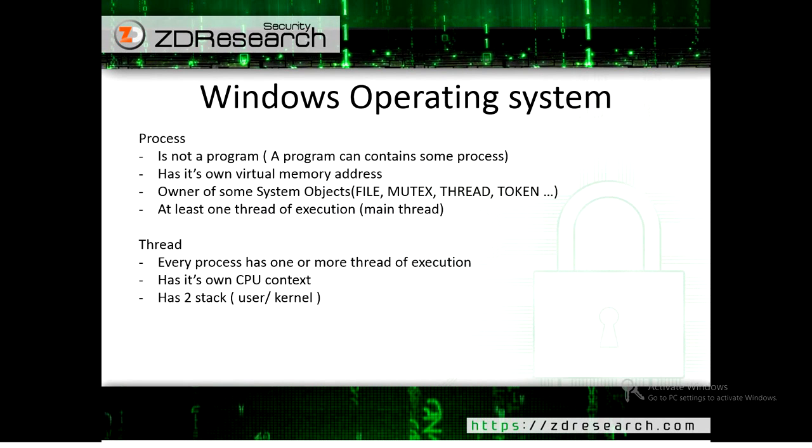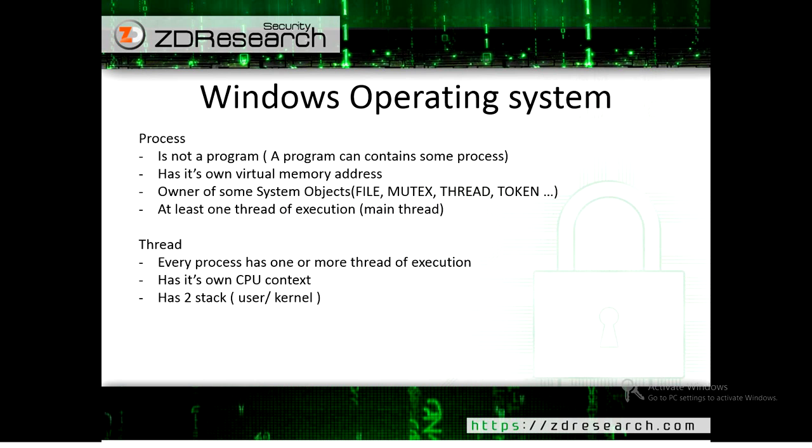It means that when you spawn a new process, you can see it in your Windows Task Manager. This process has its own virtual view of the memory. So in this way, various processes don't have access to each other; for example, process A doesn't have access to the memory of process B. And a process is also the owner of some system objects.